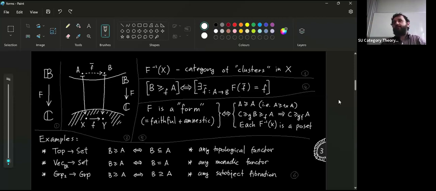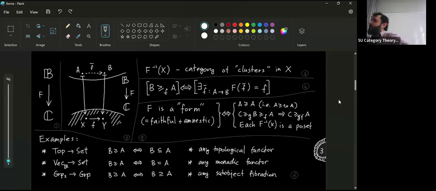By the fiber, do you mean the fiber as a category or just a set? As a category. The morphisms there are those that map down to the identity morphism. Okay. That's an important question. And then I didn't quite understand the definition of being a form. So F has to be faithful. Fine. Yes. Amnestic.